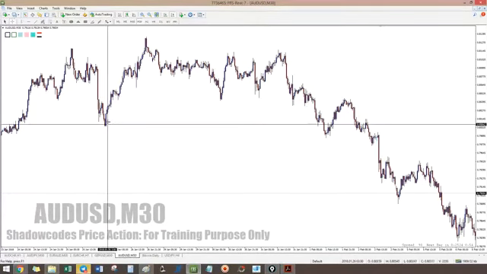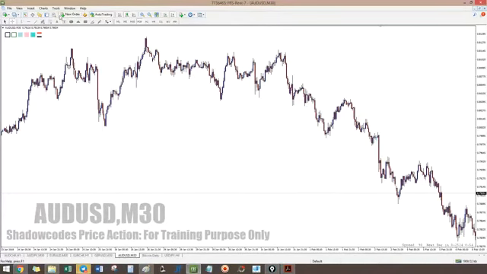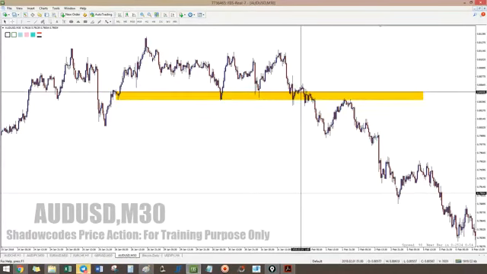Over here, you got a rally, base, rally. It's tested, and then tested again until engulfed.